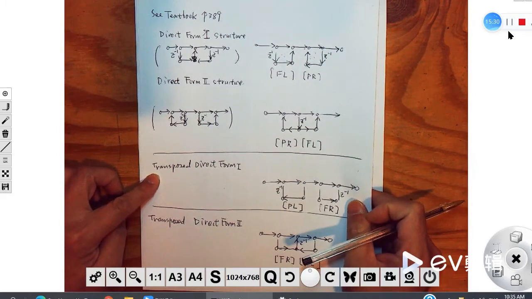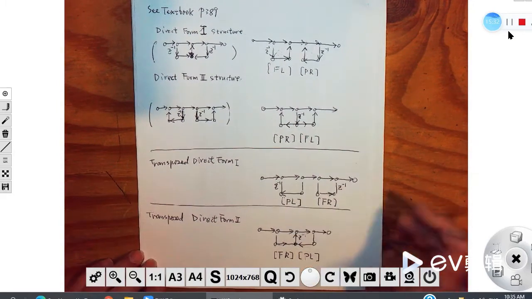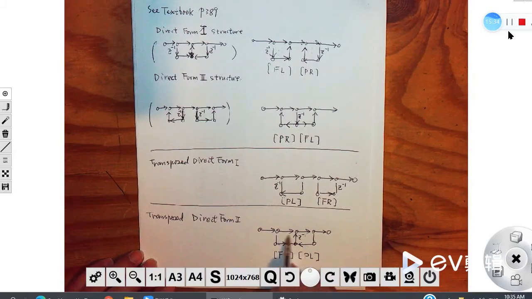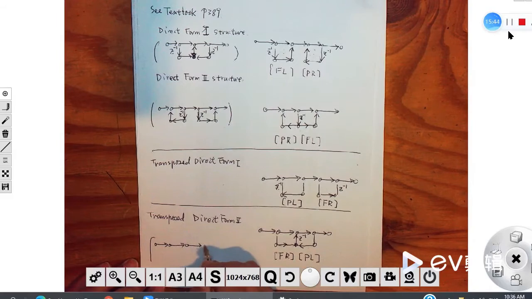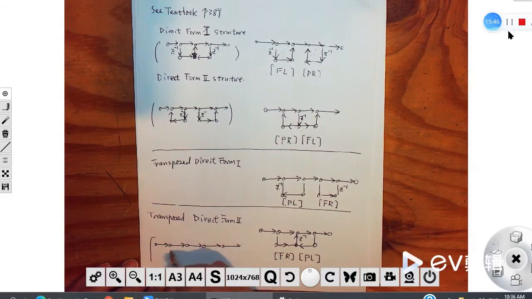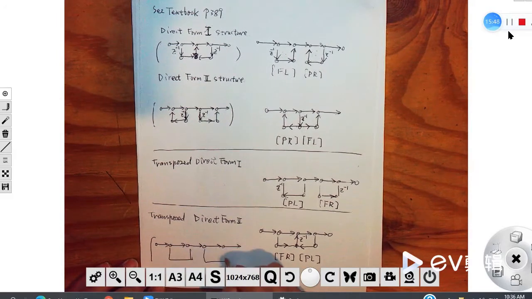Transposed direct form. And similar, this is combined in the middle path, because in the middle both are delays, so we merge these two together. Similar, but it's coming from this one. Delay in the middle, and it is coming up.